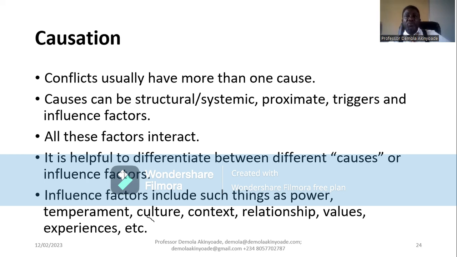Structural causes are the support system. Proximate causes are those things that make violence likely, that increase the likelihood of violence. And triggers refer to those single events that happened or are threatening to happen that now lead to violence.